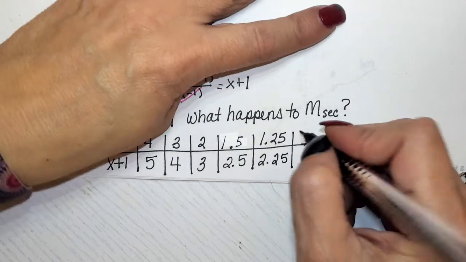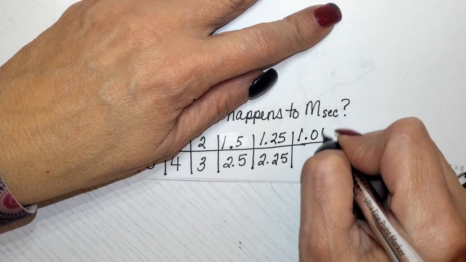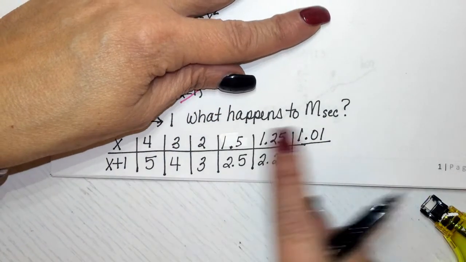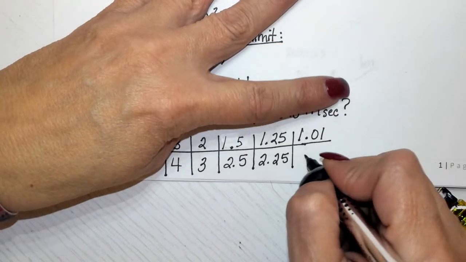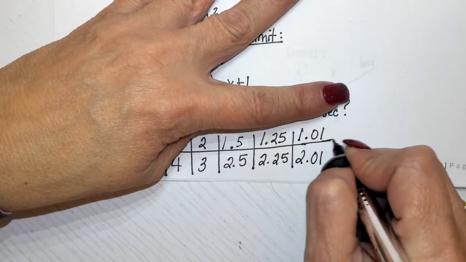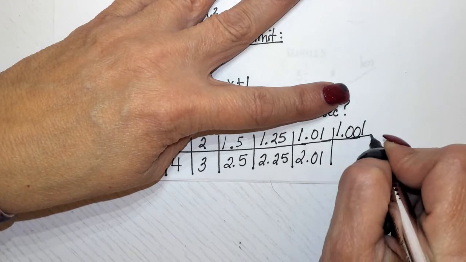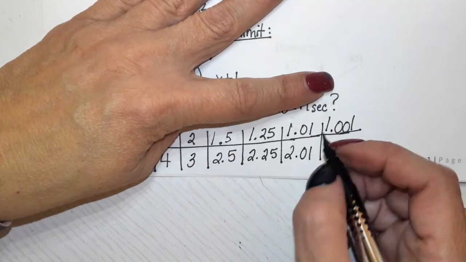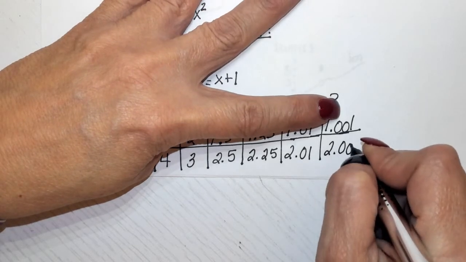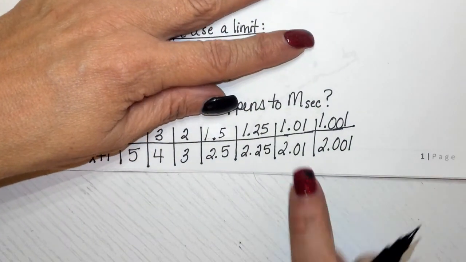Okay, let's get really close. Let's go to 1.01. 1 plus 1.01 would be 2.01. Okay, how about 1.001? All right, well, that'd be 2.001.